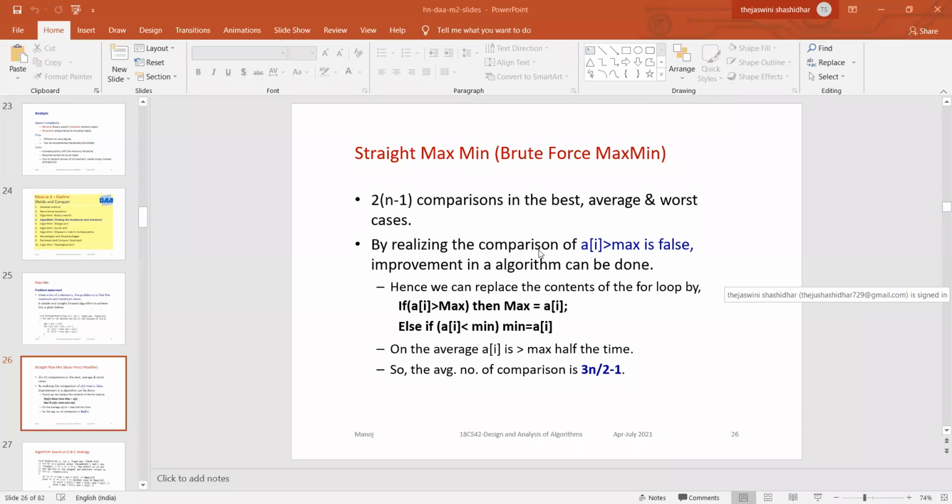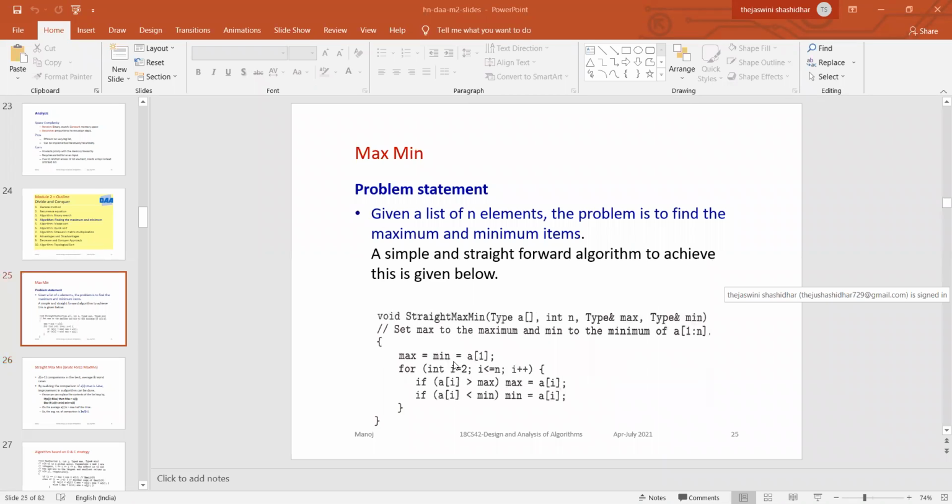By realizing that the comparison A[i] greater than max is false, an improvement can be done. Here we can replace the content like: if A[i] is less than min. Initially we are doing it with only one element.